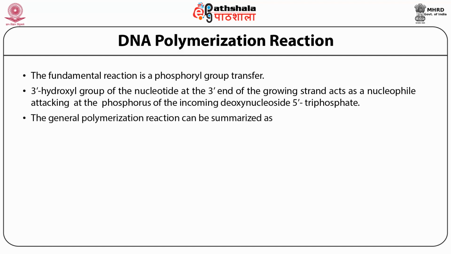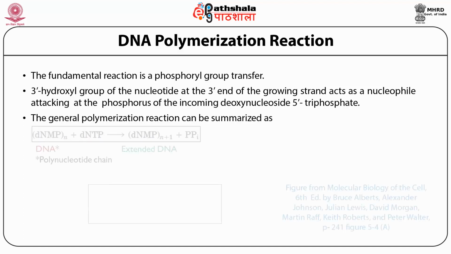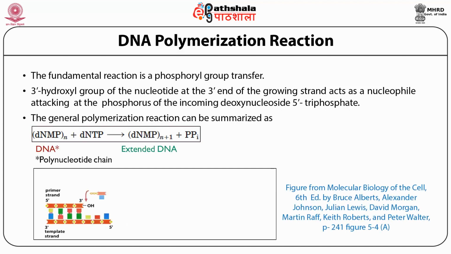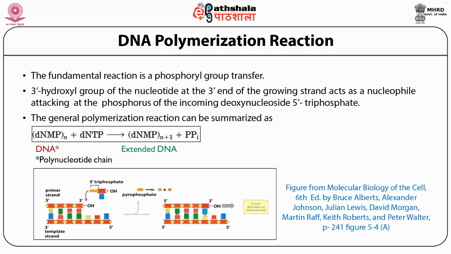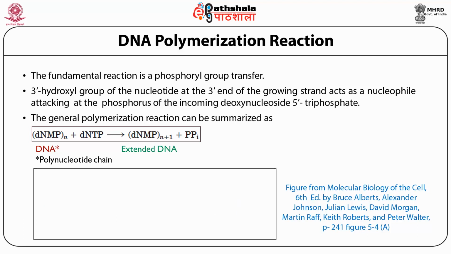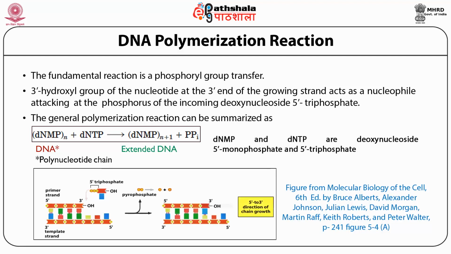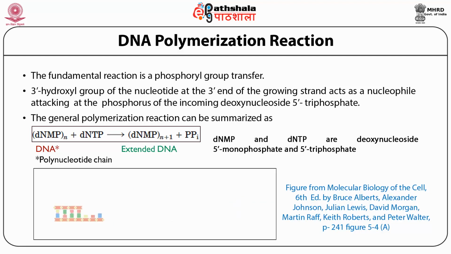The general polymerization reaction can be summarized as (dNMP)n plus dNTP makes (dNMP)n+1 plus pyrophosphate. Here dNMP and dNTP are deoxynucleoside 5' monophosphate and 5' triphosphate.